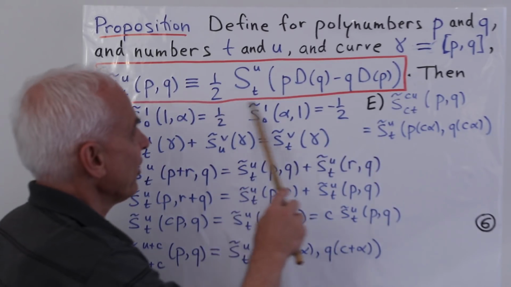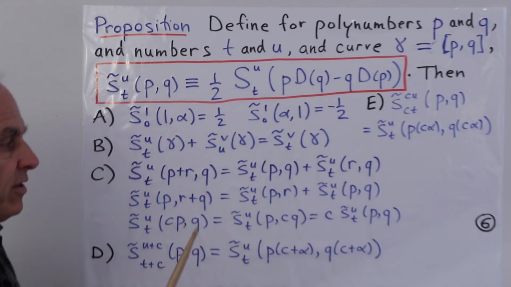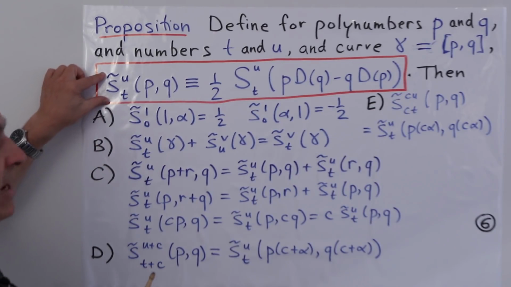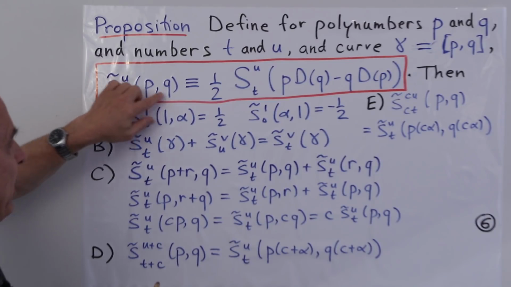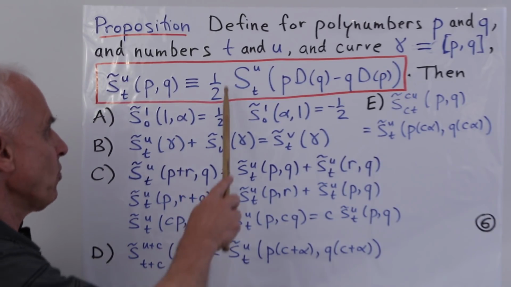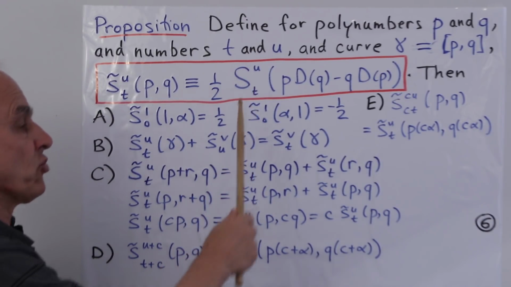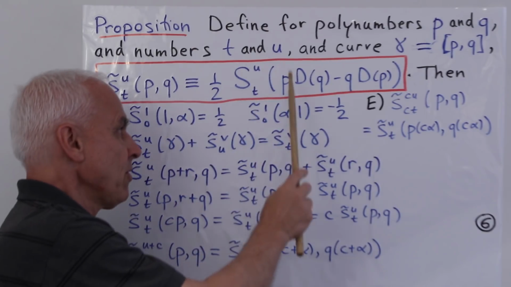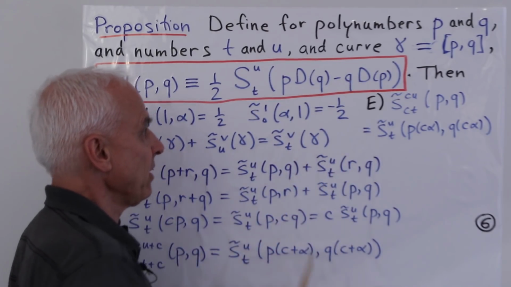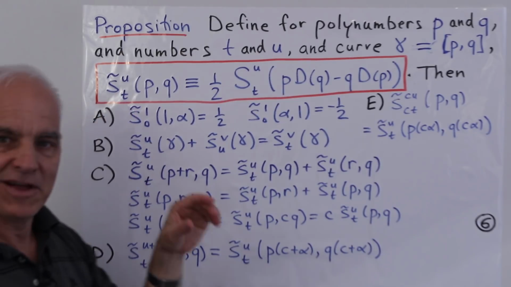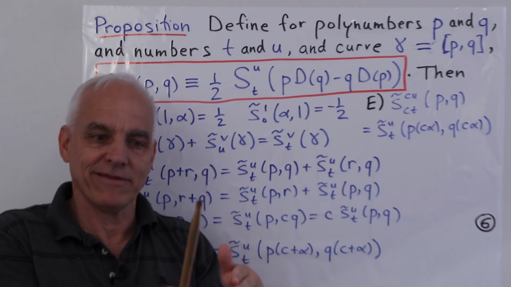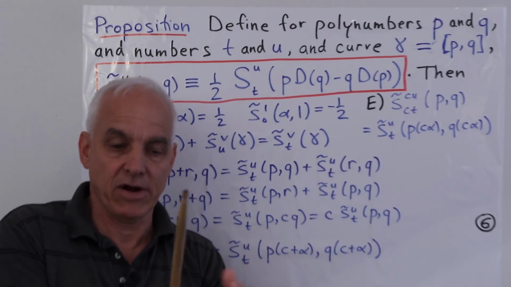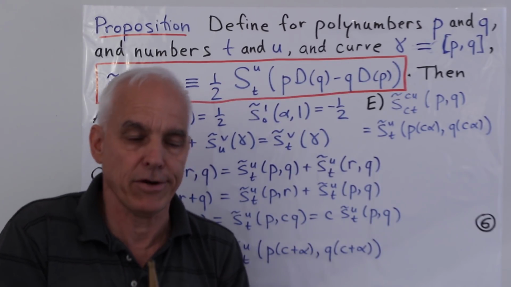We're going to look at this expression here that occurs in the fundamental theorem, and we're going to give it a new name temporarily: S tilde from t to u of pq. That's by definition 1/2 of the Faulhaber integral, the capital S from t to u of p dq minus q dp. This is a small s, like a signed area, but it's like an alternate, temporary signed area.